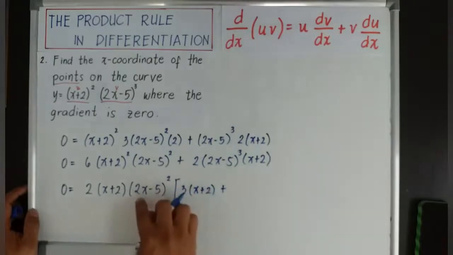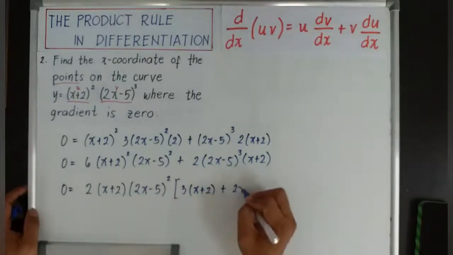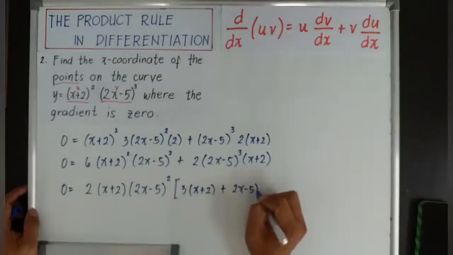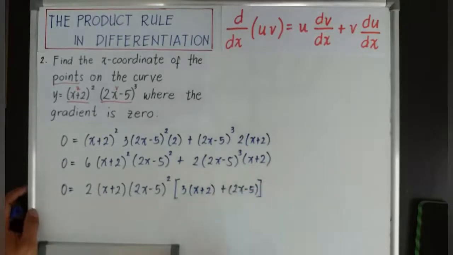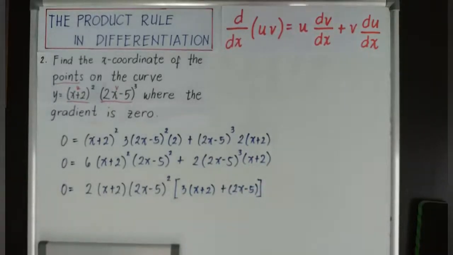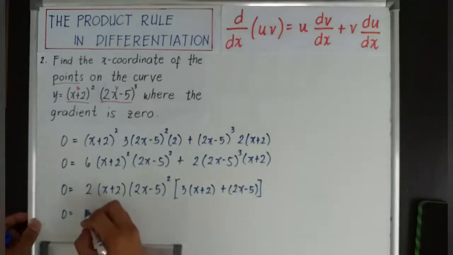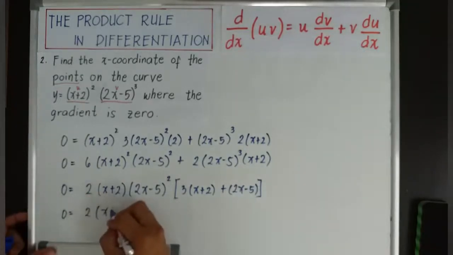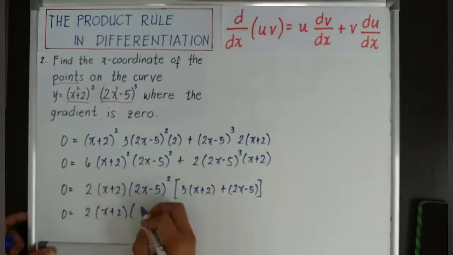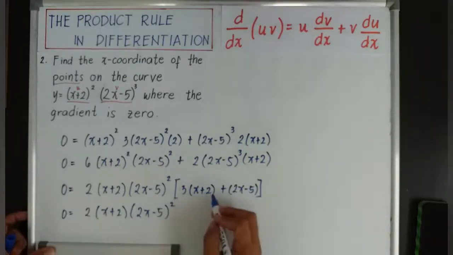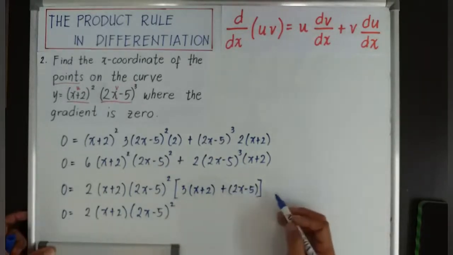This one divided by this will become 2x minus 5. Okay, there. Okay, next. So basically this will become 0 is equal now to 2 times x plus 2 times 2x minus 5 to the power of 2. This will become 3x plus 6 plus 2x minus 5.